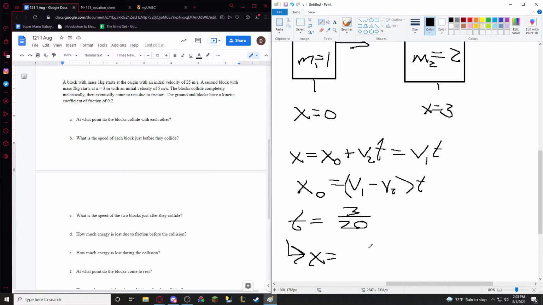I'm going to leave it in a fraction. It's 75 over 20, which simplifies to 15 over 4 meters. Okay, let me just write this down.